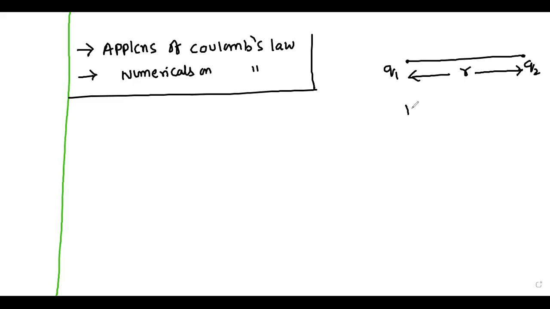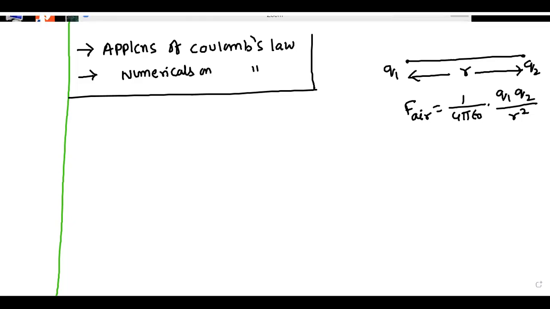Then Coulomb's law is given as F = 1 by 4 pi epsilon naught times q1 q2 by r square, where epsilon naught is the permittivity in air or vacuum.